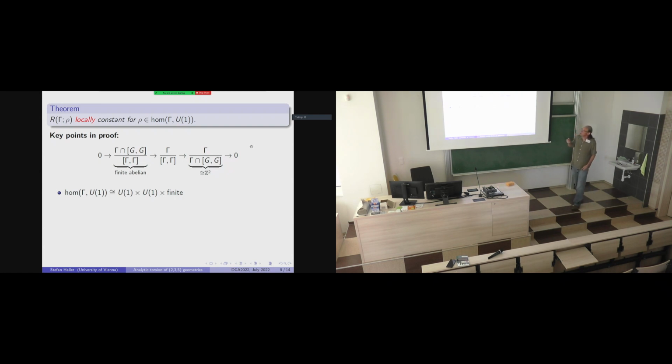So the space of representations, the dual group, is just U(1) cross U(1) times a finite abelian group. So the space of one-dimensional representations consists of a finite collection of tori. And the statement up there is, on each of these connected components, the analytic torsion is constant. But we do not know the relation between the different components. That's what the theorem tells us.